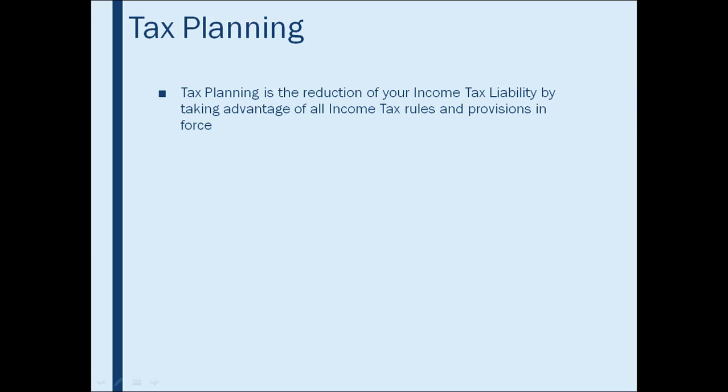Ideally we should pay income tax based on our income position and also taking the benefit of all the rules and provisions. If by following some rule you are able to reduce your income tax liability, then you need to really consider it and you need to reduce your income tax liability. That is a very well accepted concept.